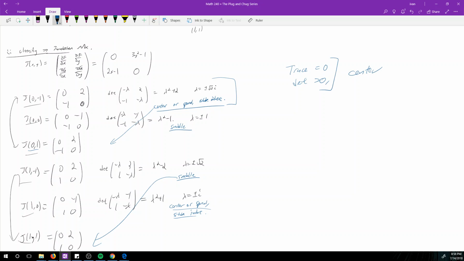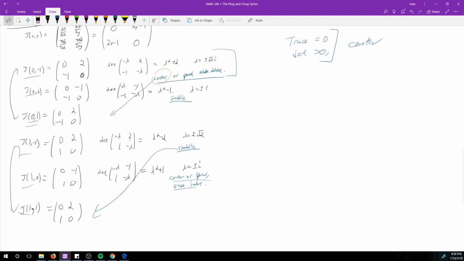So this guy is actually going to be a center right here because the trace is 0 and the determinant is greater than 0. Same with this guy. This guy is also a center. And this point down here is also going to be a center because the trace is 0 and the determinant is 1. I'm not actually sure about the other conditions. If I figure that out, I'll talk about it in my class. But again, you can probably just leave it as center or spiral, stability indeterminate.